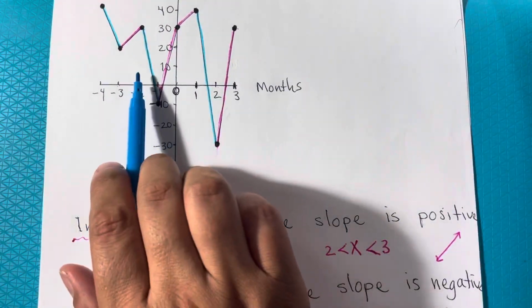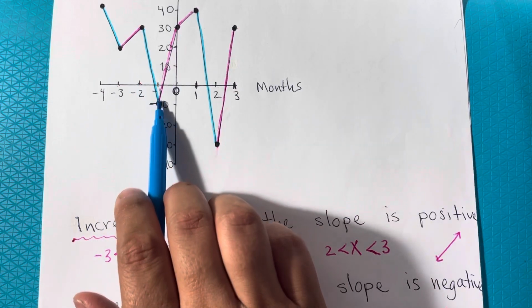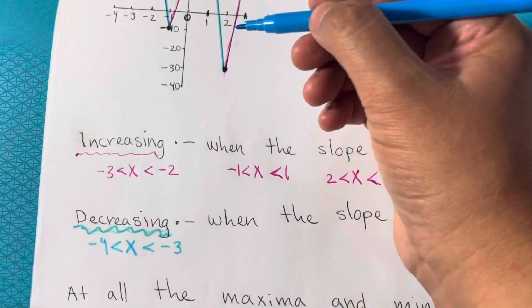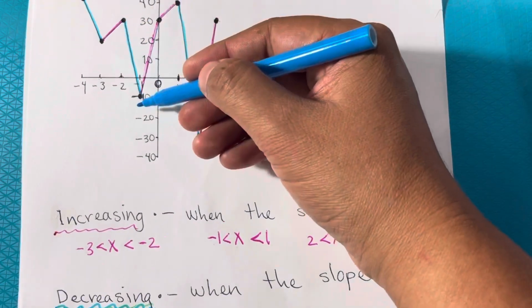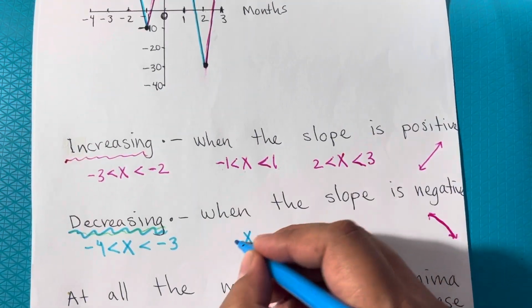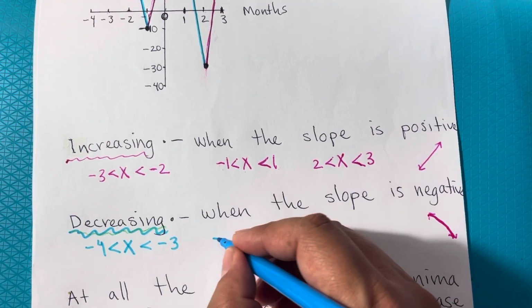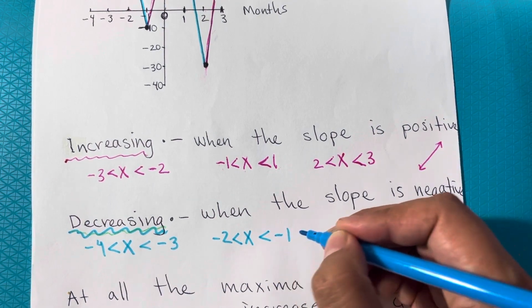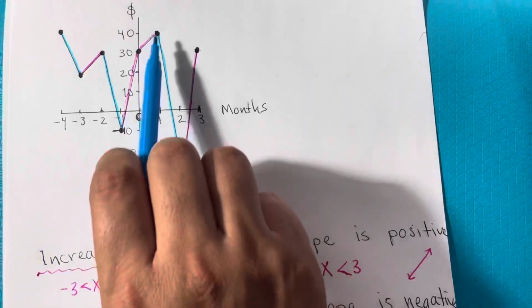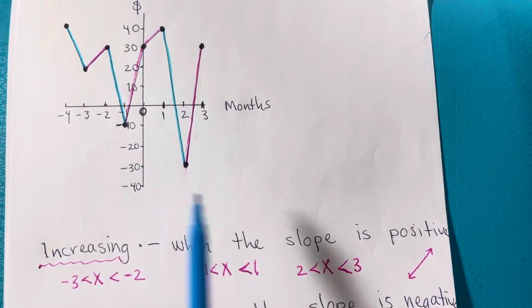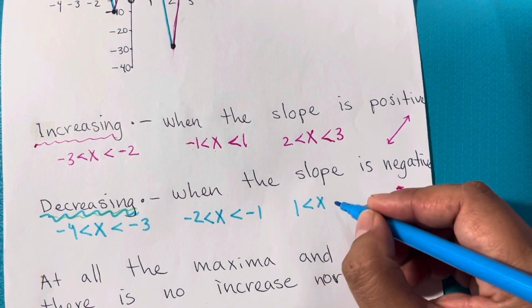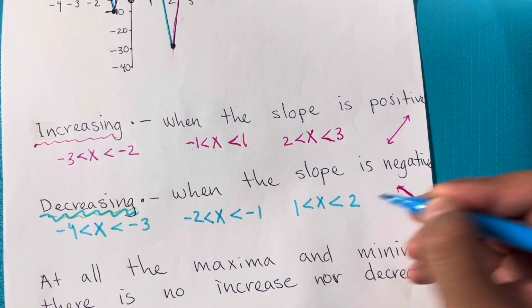Also, in here, this point is at -2, this point is at -1. So between those points it is also decreasing. So when x is greater than -2 and less than -1. And finally, the other section is between 1 and 2. So when x is greater than 1 but less than 2.